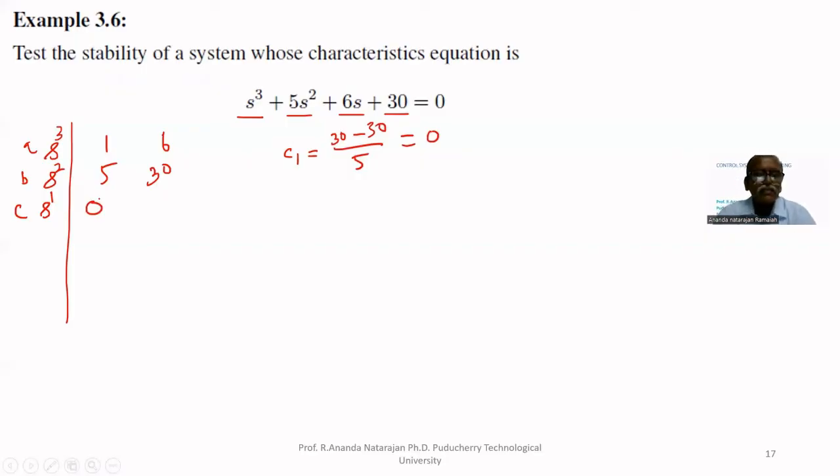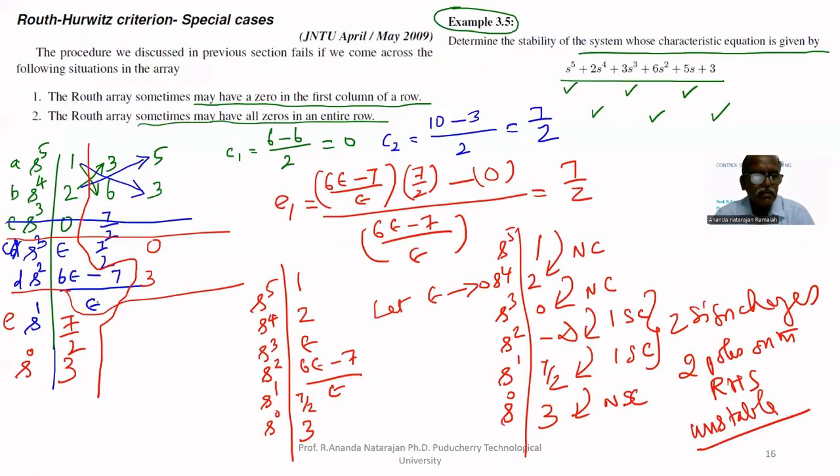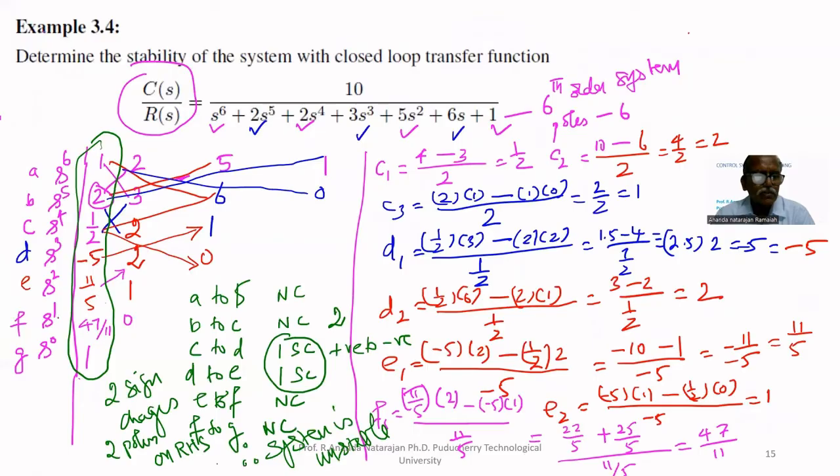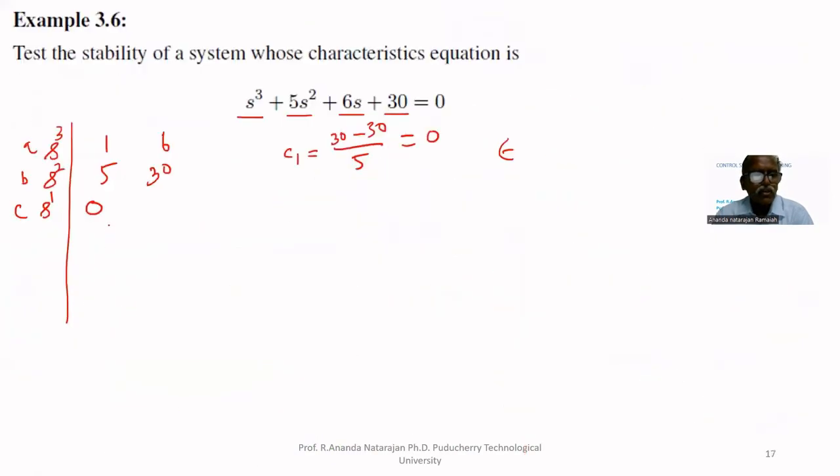But do we have to replace it by epsilon, or what do we have to do? For that, we have to see the previous example. S power 1, how many elements are there? Only one element. Even though it is only one element, this is called a row of zeros.